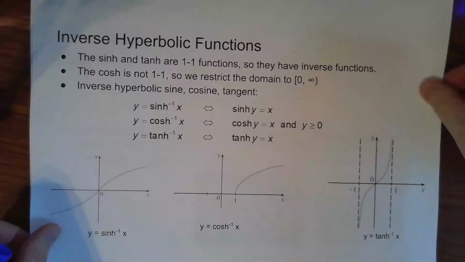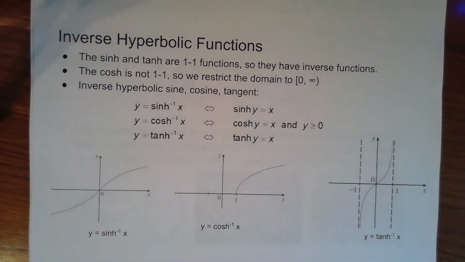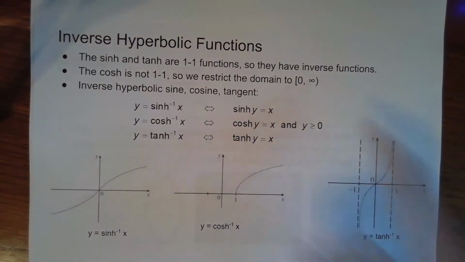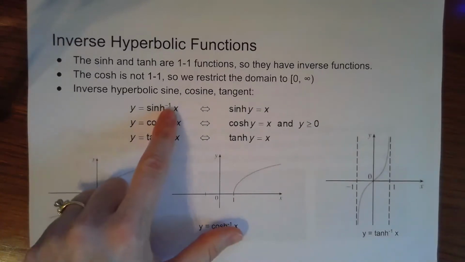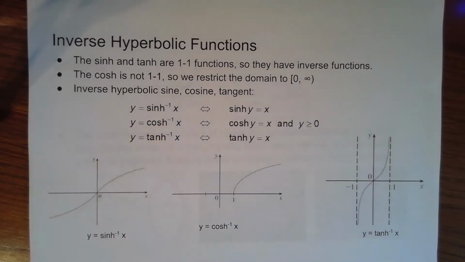So the hyperbolic sine and the hyperbolic tangent are both one-to-one, so they clearly have inverses. But we have to do a little work to get the inverse of the hyperbolic cosine. We have to restrict the domain to the right side of that graph. The inverse hyperbolic sine, cosine, and tangent have very similar notation, so it shouldn't throw you off at all. We just have the little superscript of -1 to show the inverse functions.